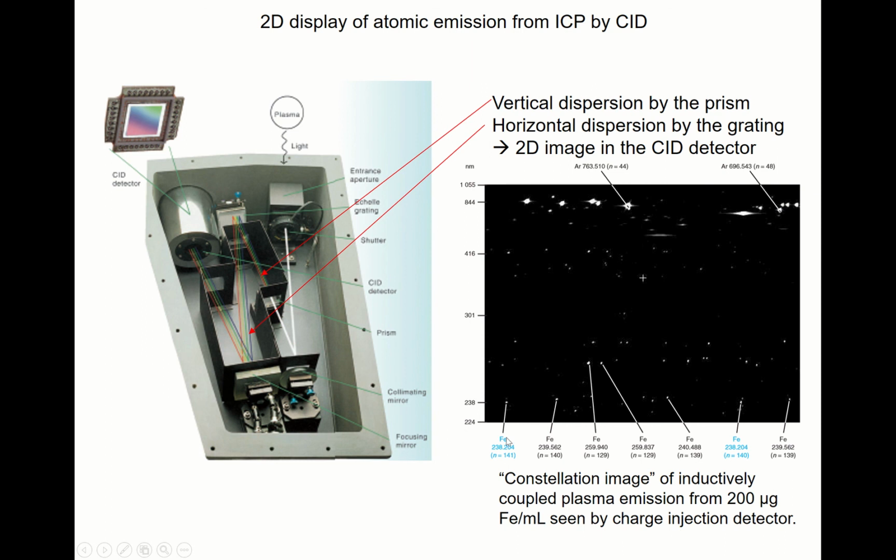It is ion detection. Depending on the isotopes, the mass is different, and it is displayed in this two-dimensional plane. I think this is more sensitive. This is called a constellation image, like stars in the sky.